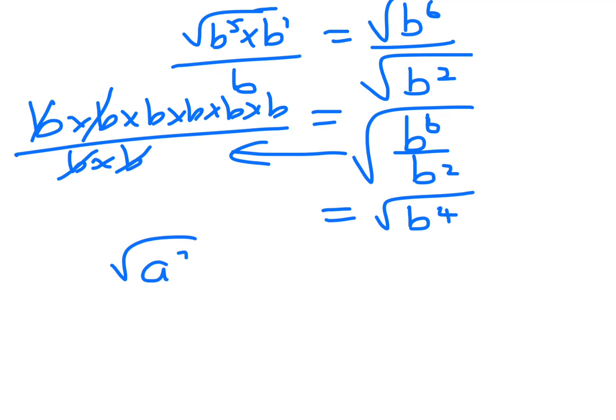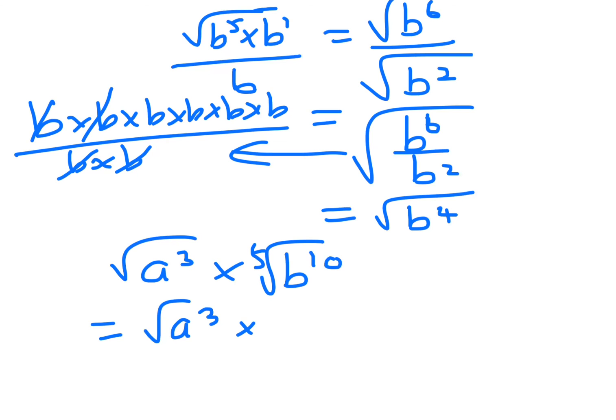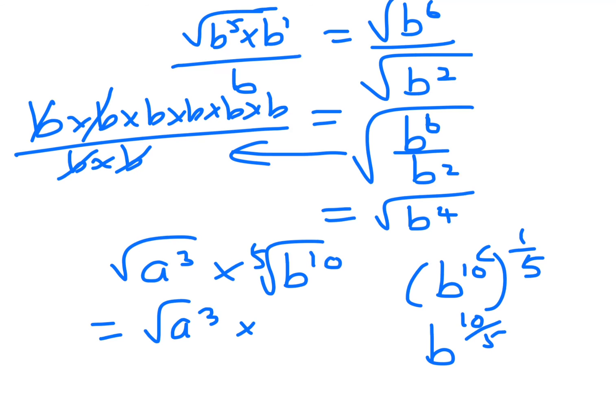Okay, and this one here, square root of that cubed, fifth root of b10. I might just simplify this first. So that's a cubed, because the fifth root of b10, I think the easiest way is make it an indice. So that's to the fifth. Then you multiply those, or you could even do b to the 10 on 5, which is b squared.